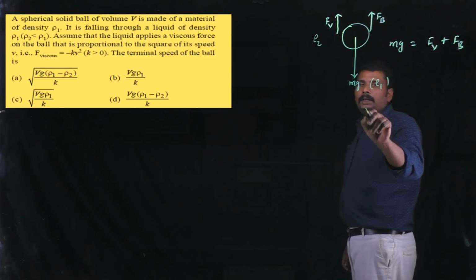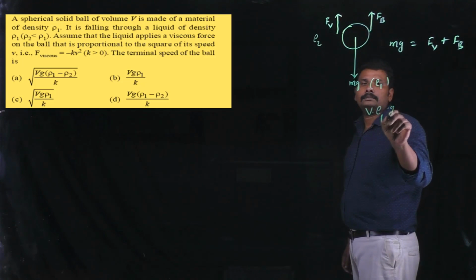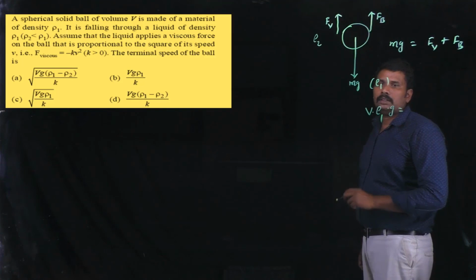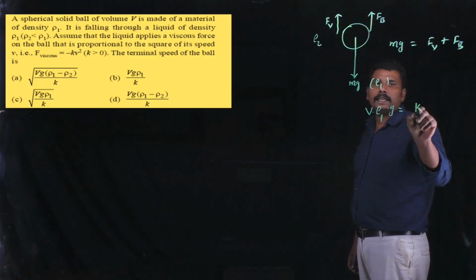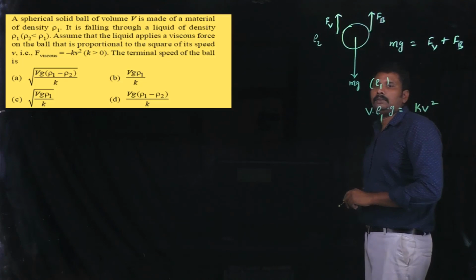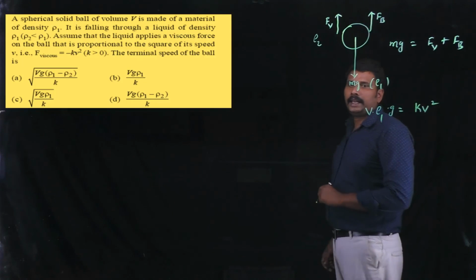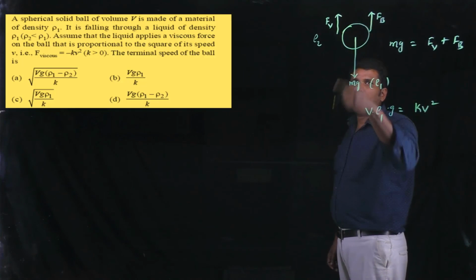Mass is nothing but volume into density of the material, into g, which equals the viscous force. In this question, viscous force is given as minus kv square. Of course, it is kv square. Here the negative sign indicates that the viscous drag force acts in the opposite direction, which is nothing but fluid friction.